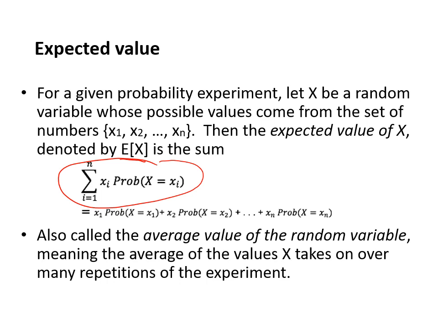When this expands, you get this expression. The expected value of X is also called the average value of the random variable, meaning the average of the values X takes on over many repetitions of the experiment.